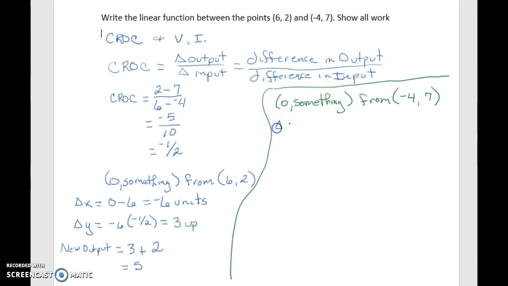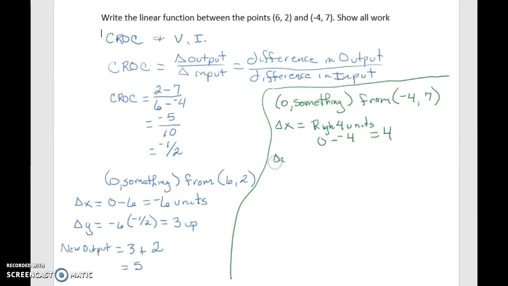So we want the change in the input, and we can call it x. And so this time we're going to go from negative 4 to 0. So in other words, we're going to go right 4 units. Or you could also say that you went 0 minus a negative 4, which in both cases that means we have a 4. We went 4 units.